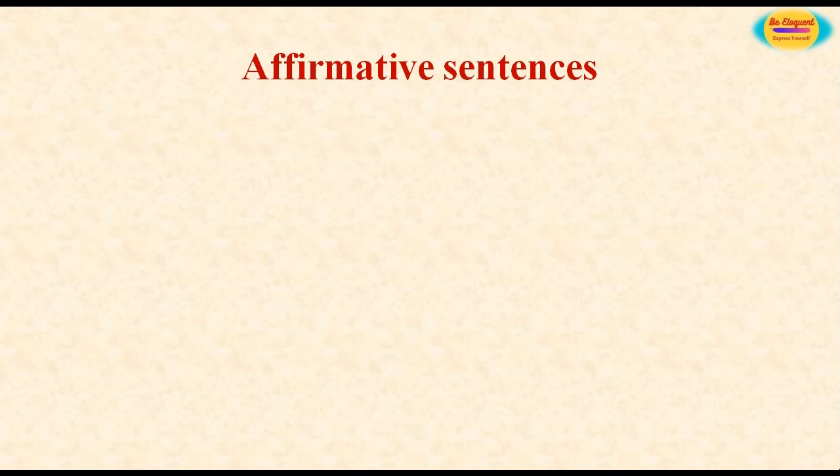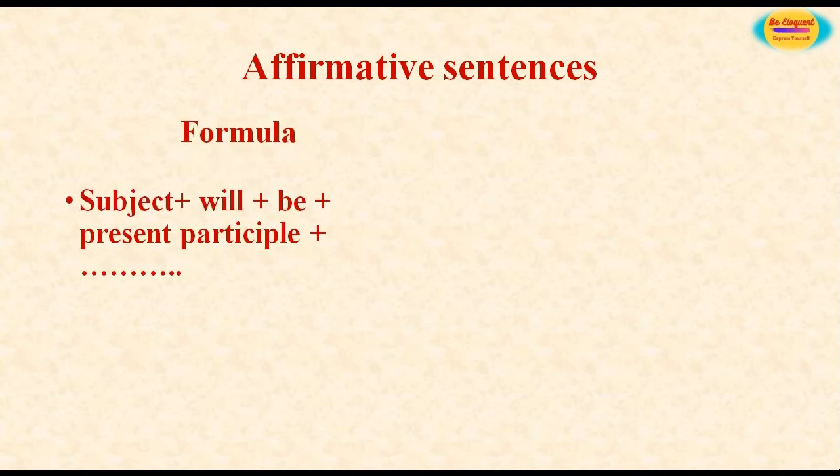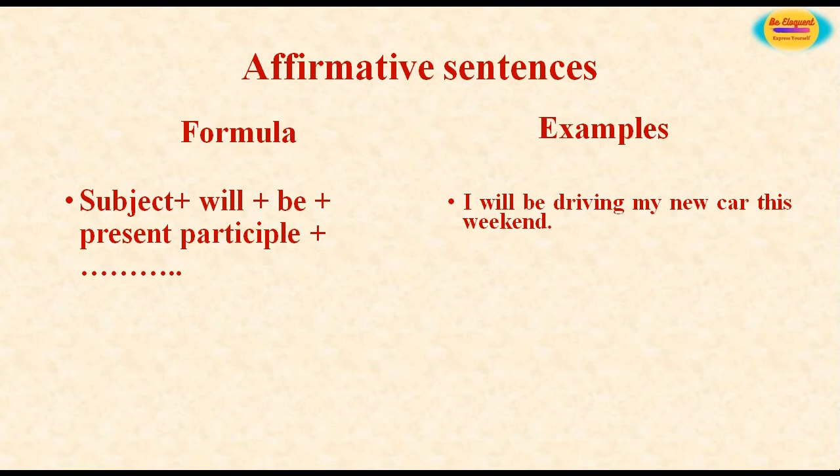To form affirmative sentences, the formula for the future continuous tense is subject along with will and be, followed by present participle and rest of the sentence. Look at the examples.